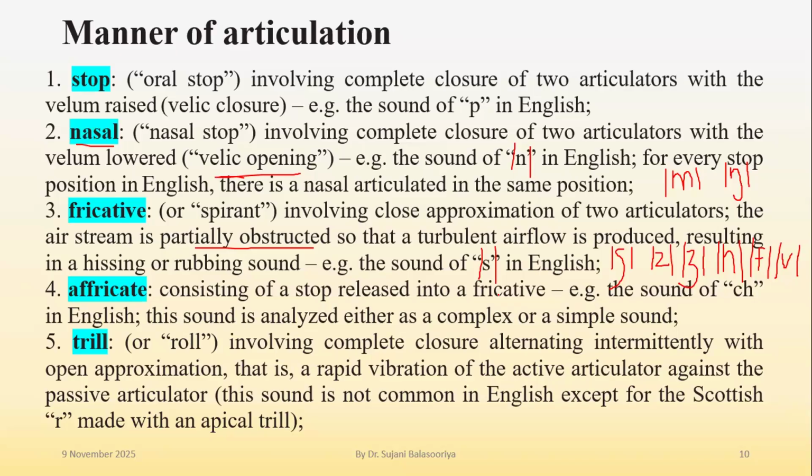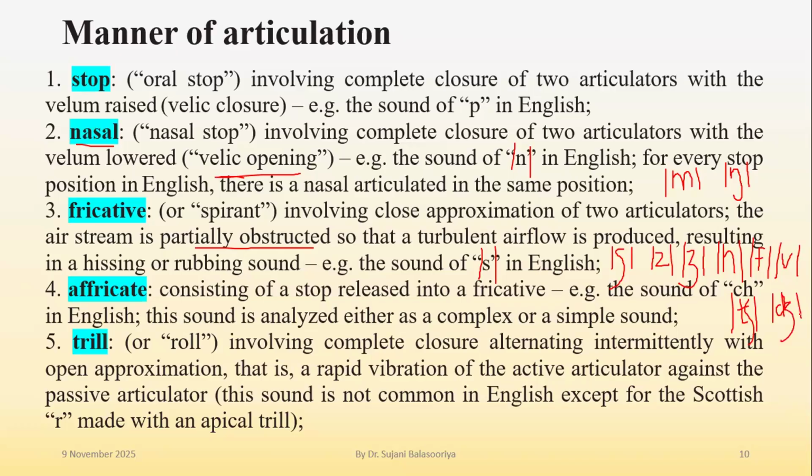One example is given here, ch, right. I will write the phonetic symbol also, this one. And also the other palatal consonant, j, we can consider an affricate too. You can try this on your own, right?